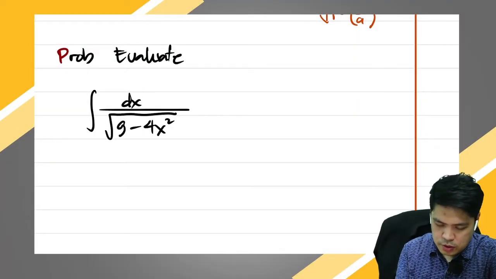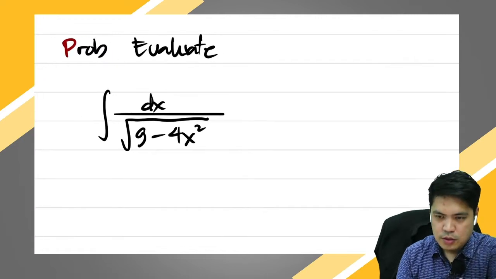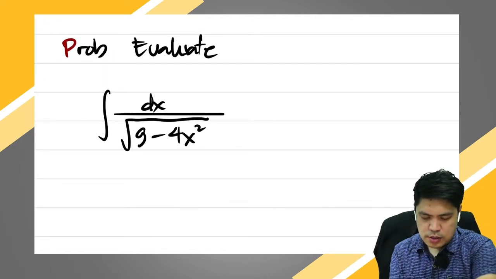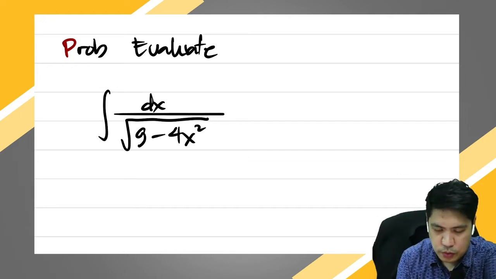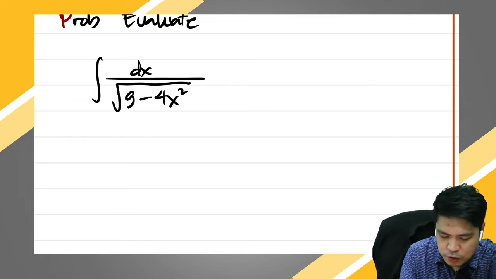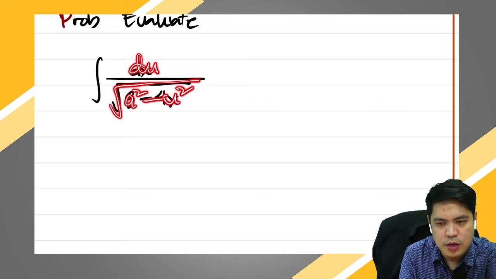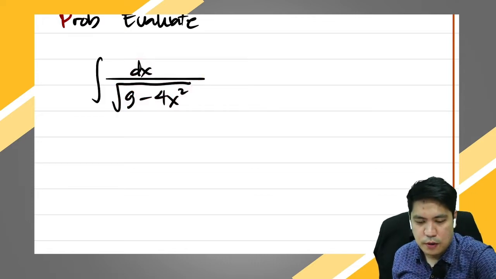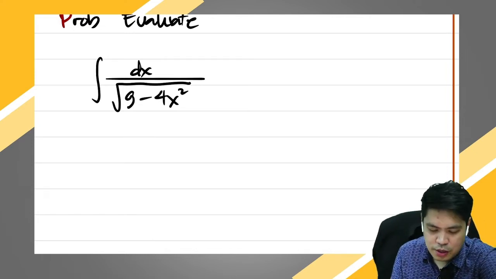Okay, with the formulas given above, let us try to solve this function. So let us evaluate the integral of dx over the square root of 9 minus 4x squared. This seems fairly easy. This resembles the form du over the square root of a squared minus u squared. So from here, it's obvious that we will be using this, which will result in an arc sine.